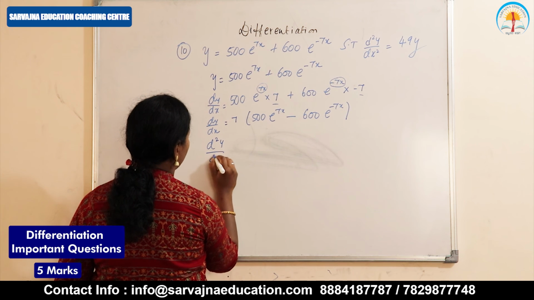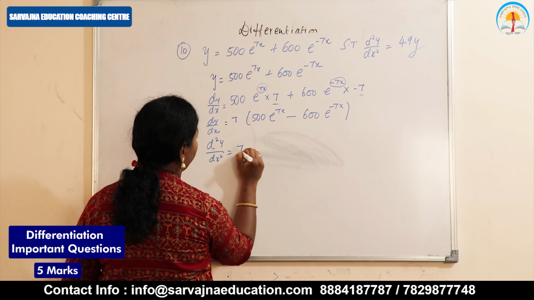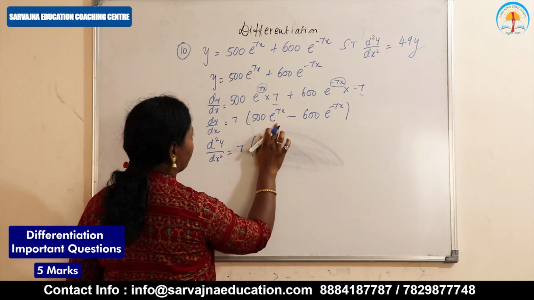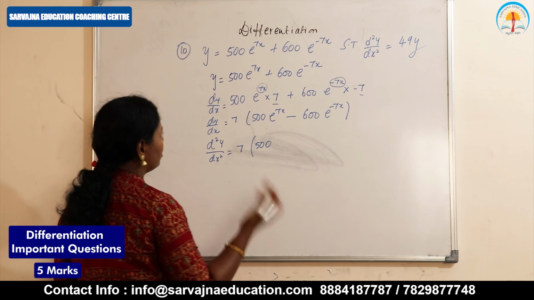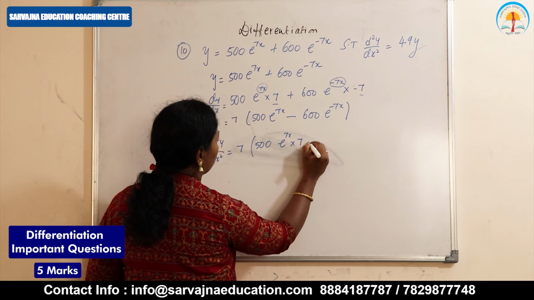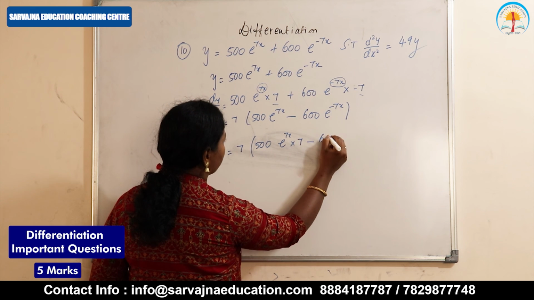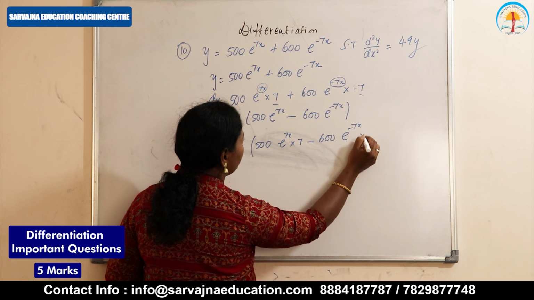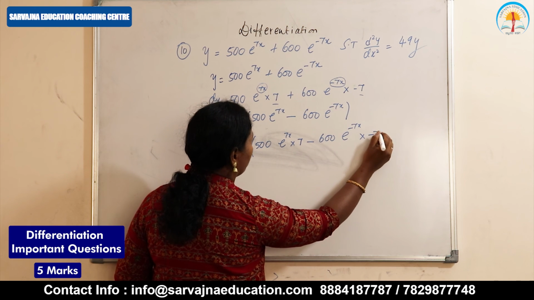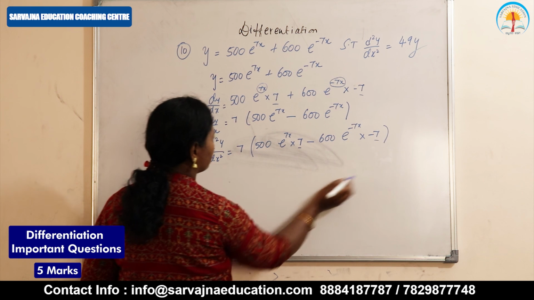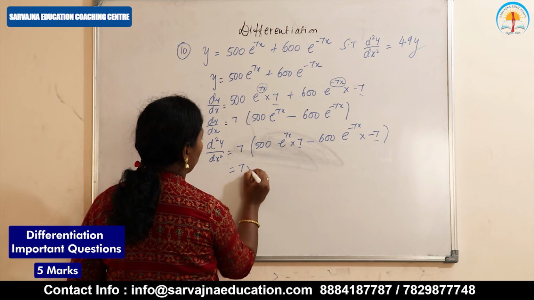d square y by dx square is equal to 7 of, now again 500 is a constant, keep as it is. e power 7x looks like e power x, that differentiation is e power 7x into 7. So minus 600 keep as it is, e power minus 7x differentiation is e power minus 7x into minus 7. Again 7 is common here, so I'll take 7 common again.